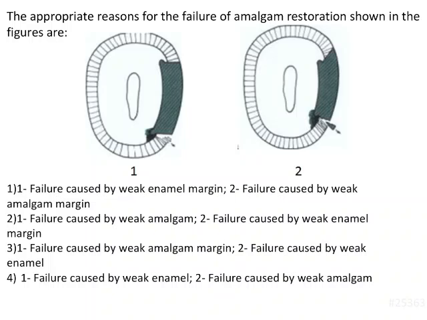The appropriate reason for the failure of the amalgam restoration shown in the figures are. If you see the first figure here, you will be able to appreciate these are the enamel rods, and these enamel rods are incomplete.